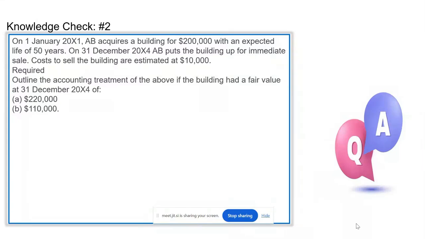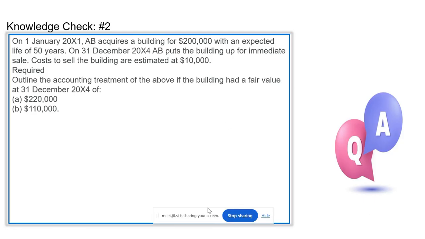On the 1st of January 2021, AB acquired a building for $200,000 with an expected life of 50 years. On the 31st of December 2024, AB puts the building up for immediate sale.